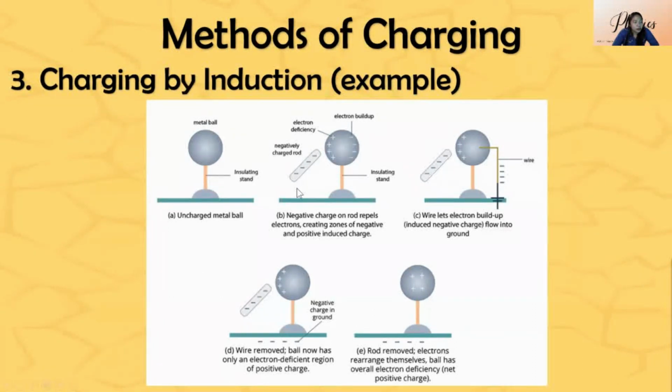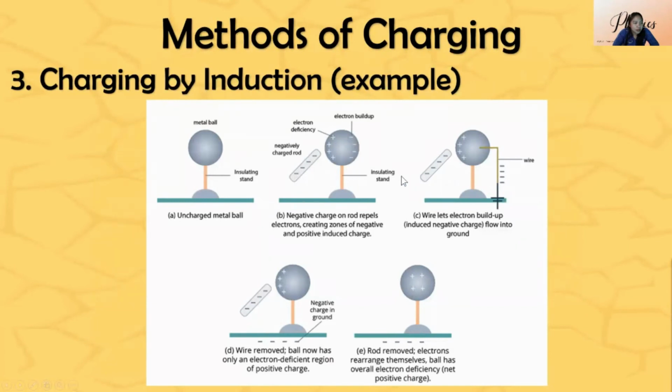Now, when we place a negatively charged object near the neutral metal ball, there is charge separation. Even if there is a gap of space in between, the negatively charged rod affects the orientation of the protons and electrons inside the metal ball. Some of the protons will move to this side, and some of the electrons will move to the other side.